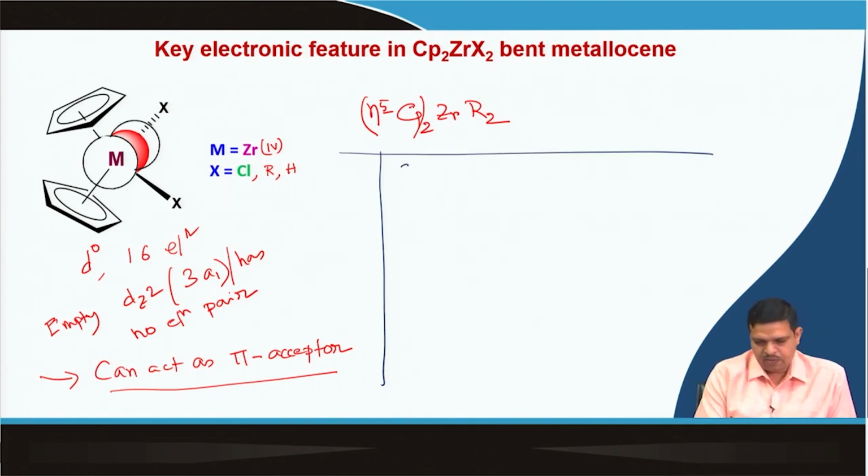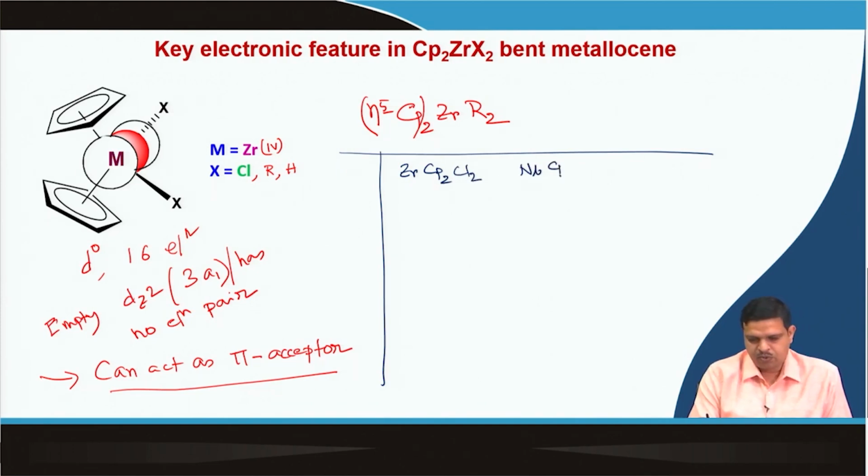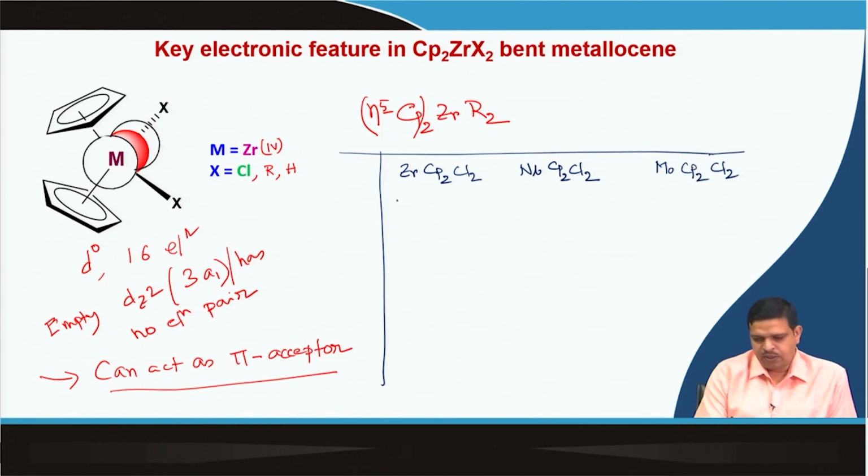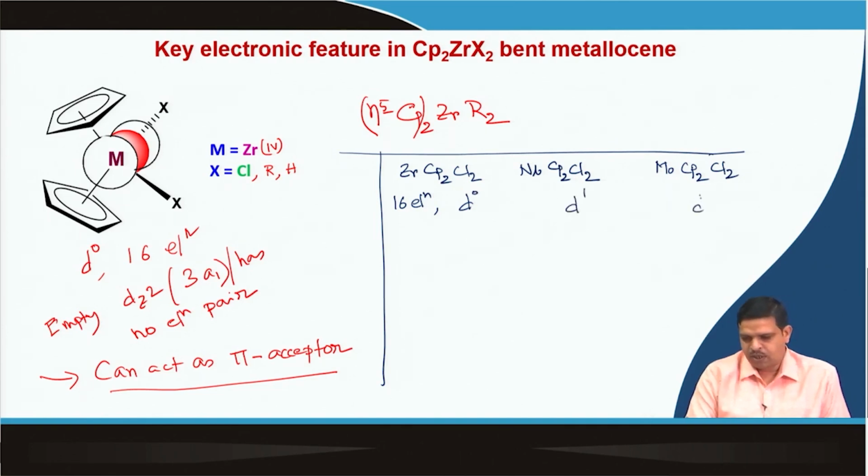Here I am writing Zr Cp2 Cl2, Nb, that is niobium Cp2 Cl2, and Mo Cp2 Cl2, Mo meaning molybdenum. Now, we know this is a D0 system, this is a D1 system, and this is a D2 system.